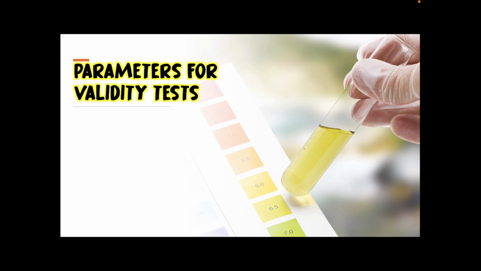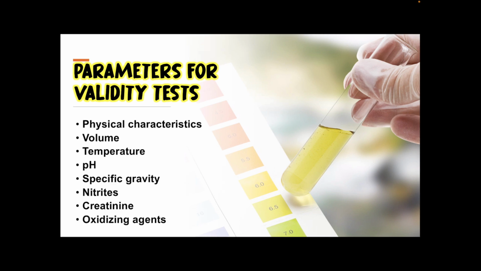As mentioned, validity tests are performed in order to determine the integrity of the specimen and also whenever there is a suspicion that a specimen has been tampered or manipulated. So here are the parameters included: physical characteristics, the volume, temperature, pH, specific gravity, nitrites, creatinine, and oxidizing agents.